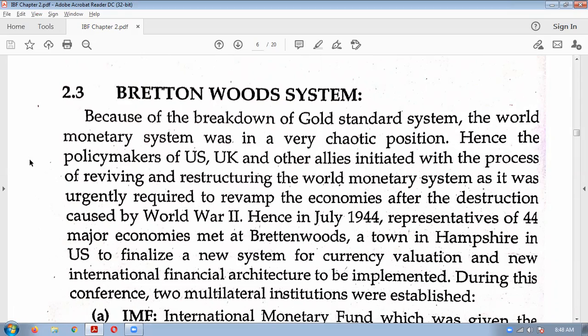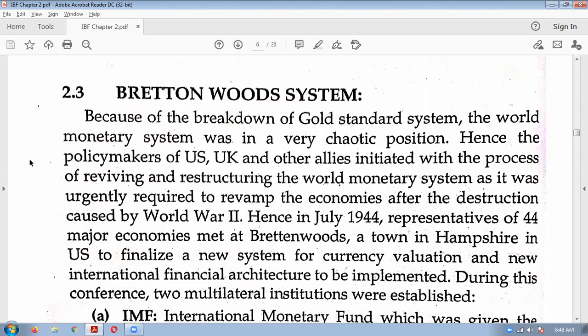Earlier, we know the gold standard system was prevalent, meaning every country's currency was linked to gold, and through that, the exchange rate was determined. So India's currency was linked to gold, US currency was linked to gold, and based on that, the exchange rate between India and USA can be determined.